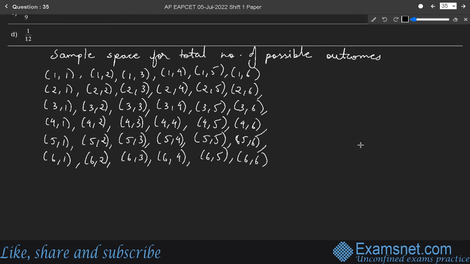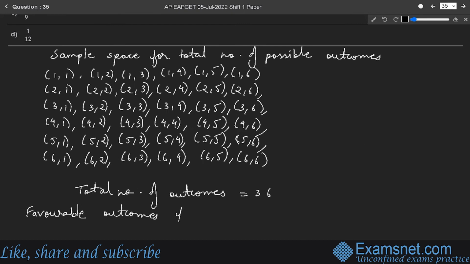Here you can see that total number of outcomes are 36, and out of 36, the favorable outcomes for sum of 9 are (3,6), (4,5), (5,4), and (6,3).